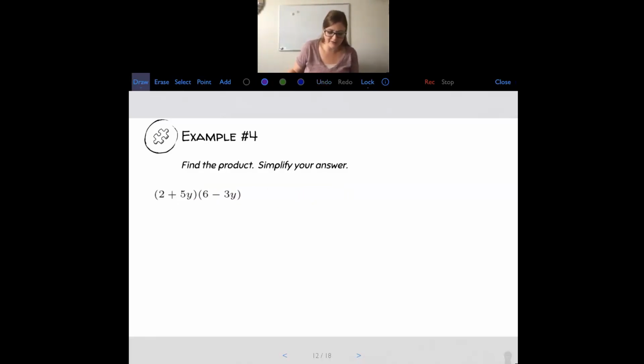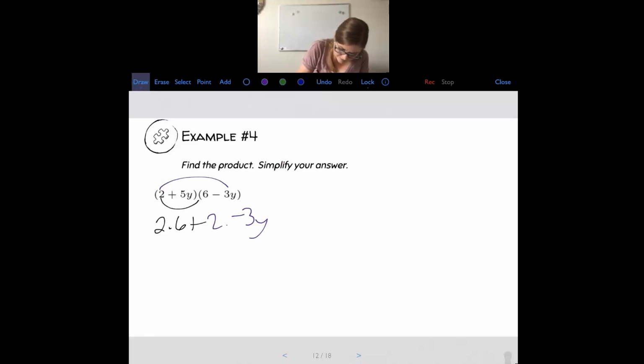Okay, so number 4, find the product, simplify your answer. So I am going to use FOIL here. So we're going to start with our first terms, 2 times 6. Outside, 2 times negative 3y. Inside, and last, 5y times negative 3y. Okay, and now we simplify.